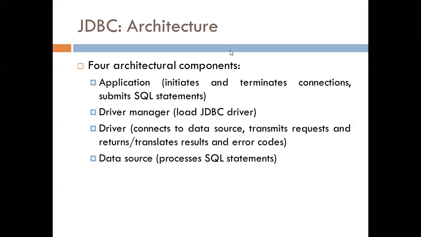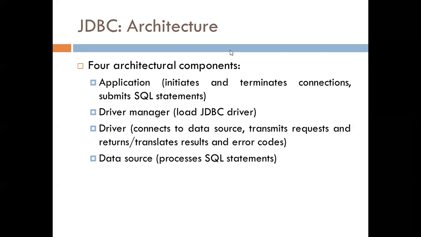The architecture of JDBC has four main components: the application, the driver manager, several data source specific drivers, and data sources. The application initiates and terminates the connection with the data source.